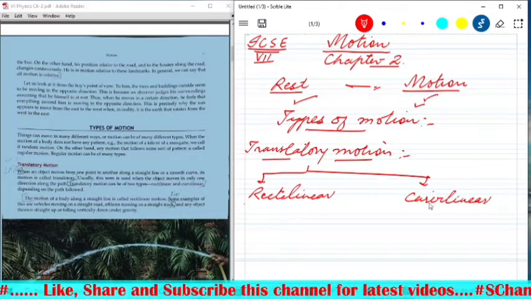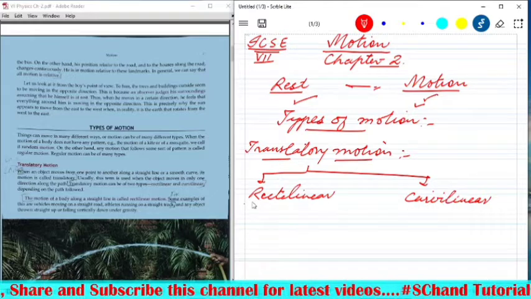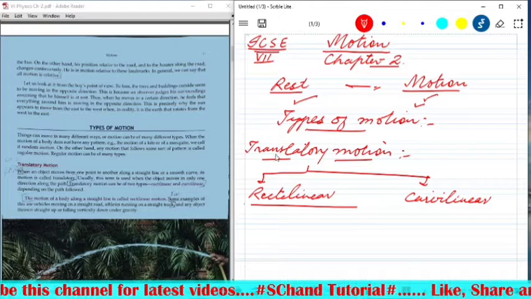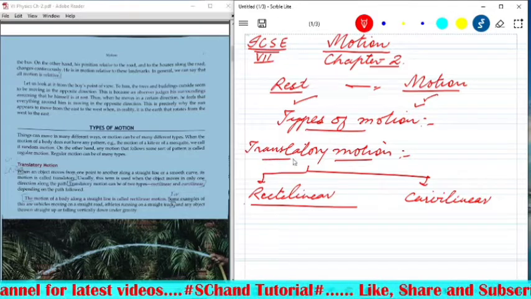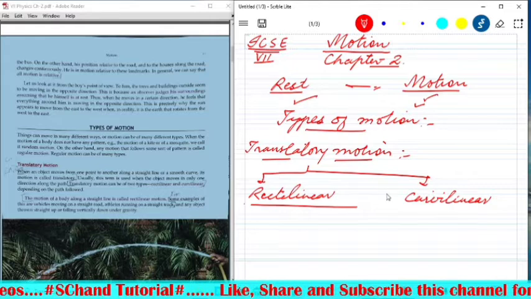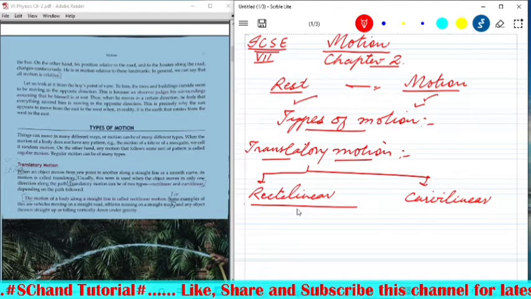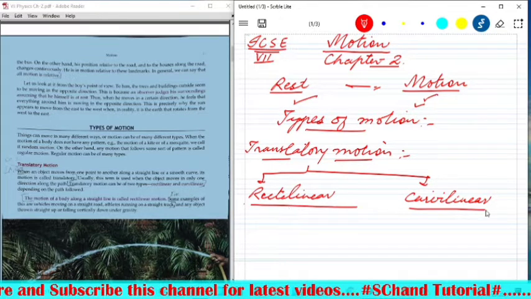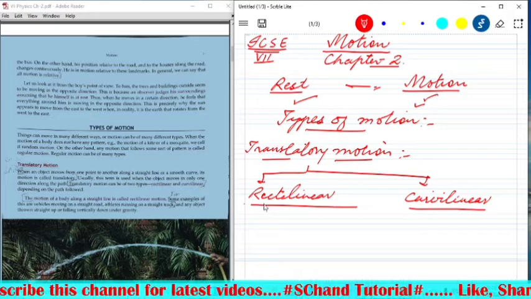It is clear from the definition itself. Rectilinear means motion in a straight line. In the definition of translatory motion, it is the motion of the body in a straight line or in a curve, so it is divided into two parts, rectilinear and curvilinear. If the motion of the body is in a straight line, it is rectilinear, and if the motion of the body is in a curve, it is curvilinear.